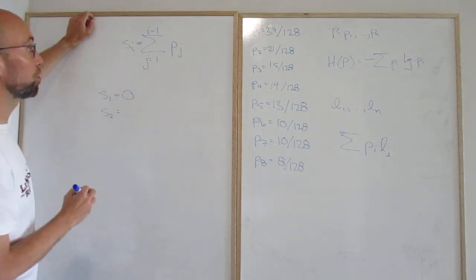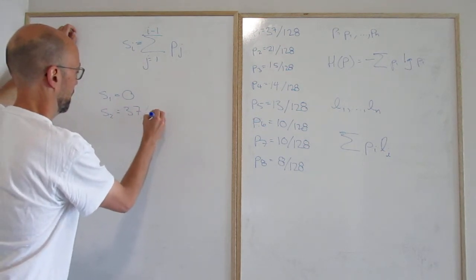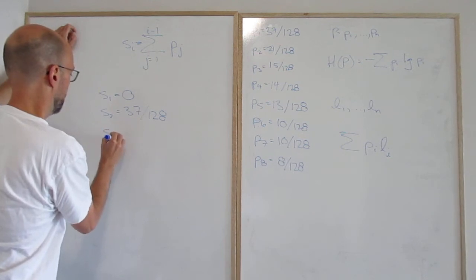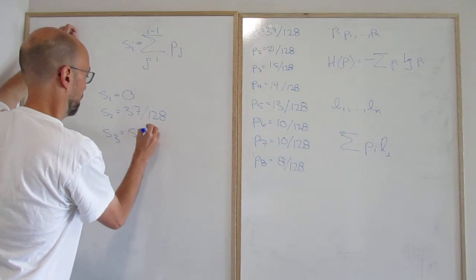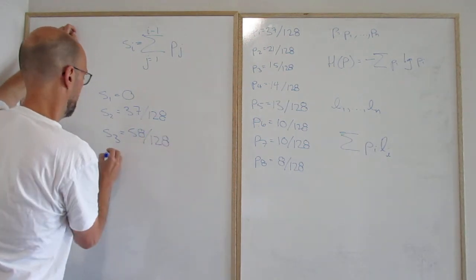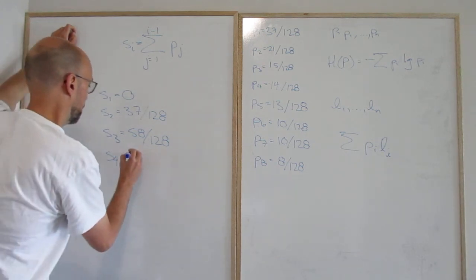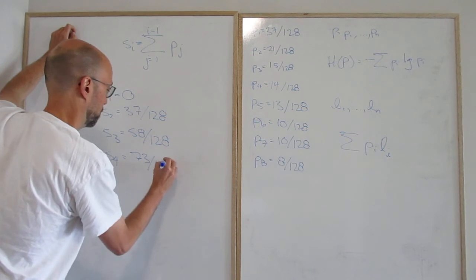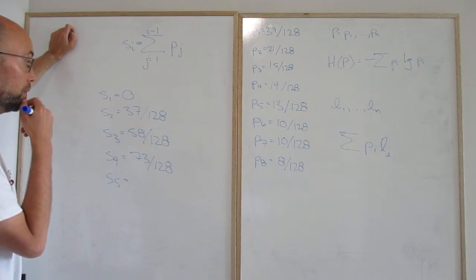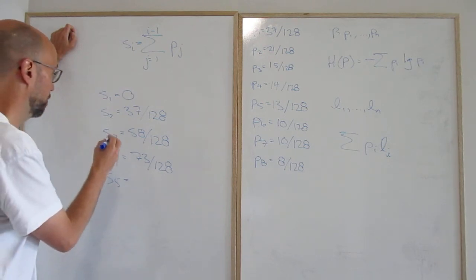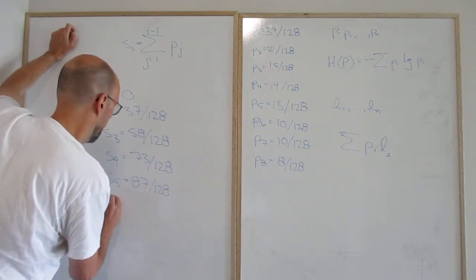S_2 equals 37 over 128. S_3 equals 58 over 128. This should be familiar because people just worked this out for me. S_4 equals 73 over 128. S_5 equals plus 14, 87 over 128.